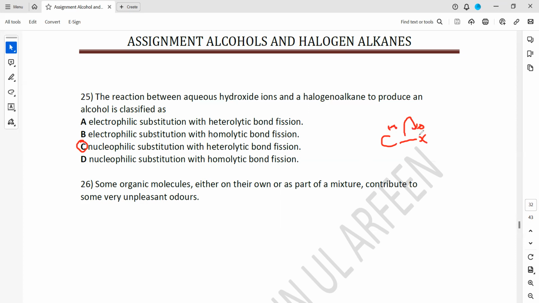When this bond breaks, it is not producing a free radical; if it did, it would be homolytic bond breaking. Because it produces ions, with both electrons taken by the halogen, it is heterolytic bond breaking. And whenever OH attacks, that is nucleophilic substitution: OH forms a bond and the halogen breaks its bond.